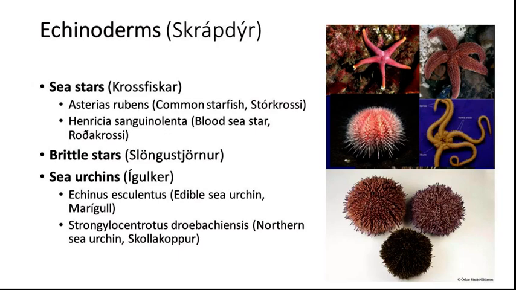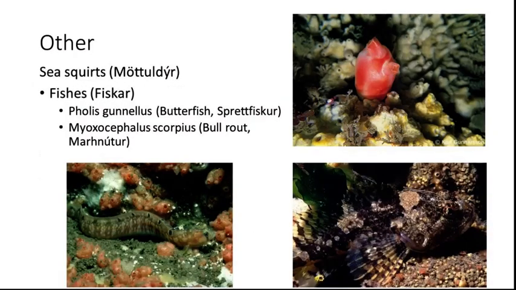Other species we can find on the seashore are, for example, sea squirts. Sea squirts are incredibly magnificent animals. They are actually more closely related to vertebrates, or humans or other mammals, or fish, or whatever there is with a bone.